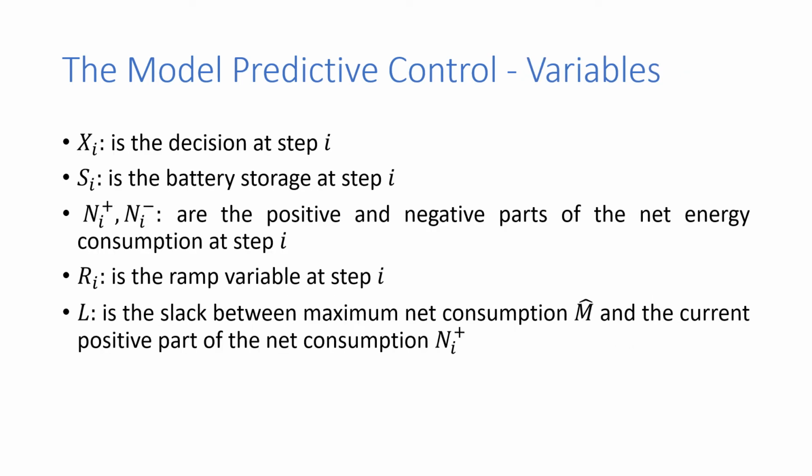The model predictive control uses the following variables: x_i, the decision at step i; s_i, the battery storage at step i; n plus i and n minus i, which are the positive and negative parts of the net energy consumption at step i; r_i, the ramp variable at step i; L, the slack between the maximum net consumption M hat and the current positive part of the net consumption n plus i.